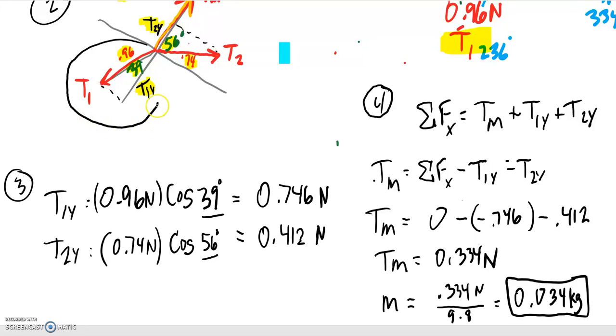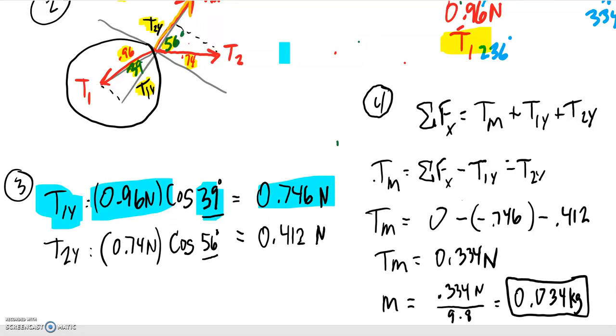First, looking at this triangle right there, using trigonometry and a cosine relationship with 39 degrees, cosine of 39 degrees times the hypotenuse will give me the y component of that tension force, and it's 0.746 newtons.